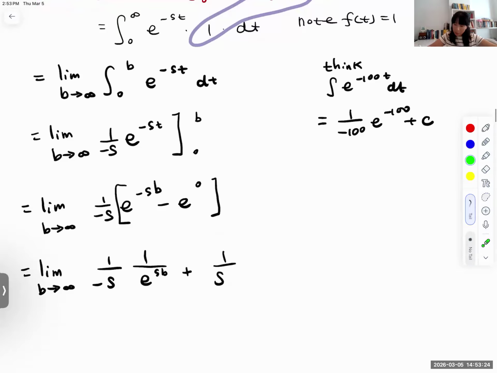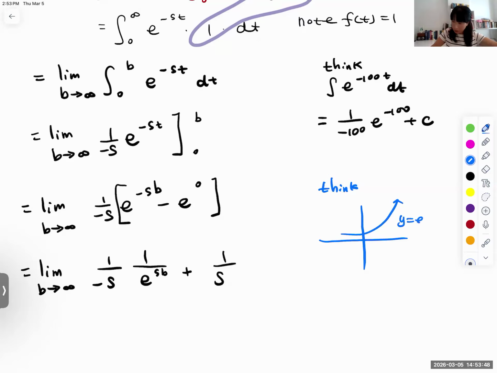Okay, when b approaches positive infinity, let's think about this. So e to the x power, when x goes to positive infinity, we get positive infinity, right? So this will be positive infinity, yeah?